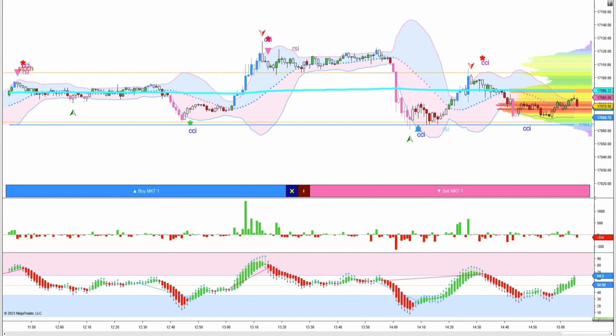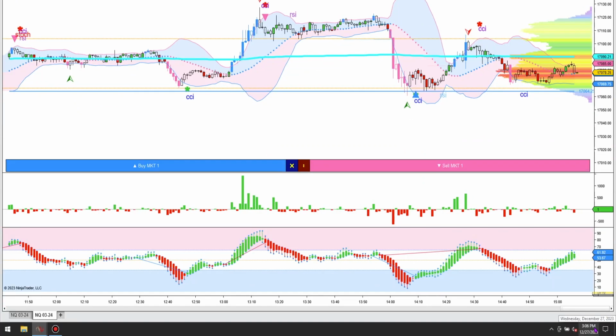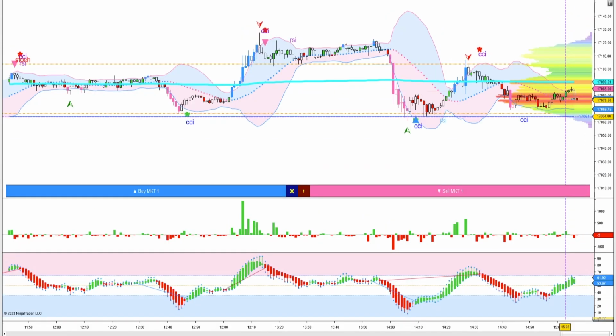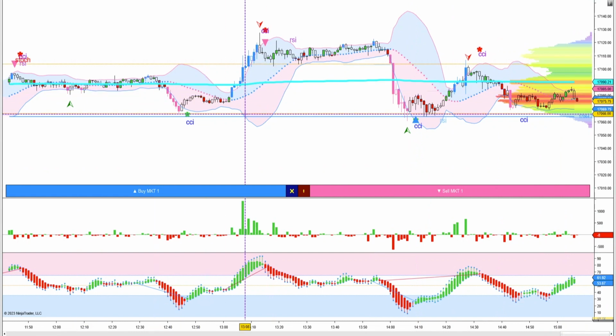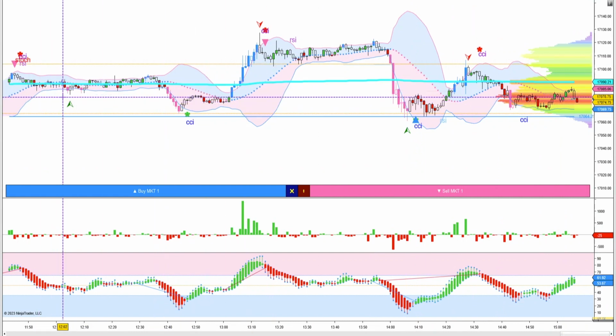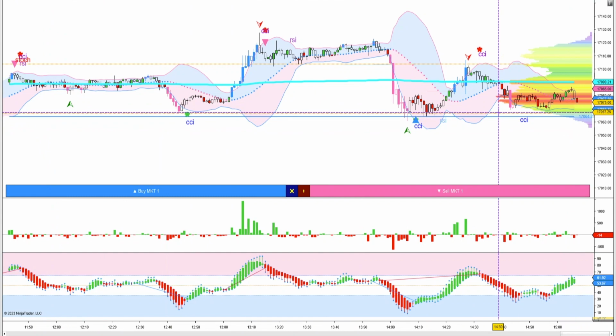This is today's price action, Wednesday, December 27th, coming into the market close. This is a NASDAQ 1-minute chart, and this is what it's looked like this afternoon from like noon for the last 3 hours.